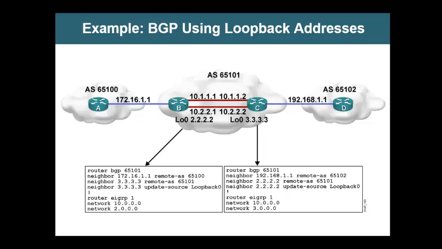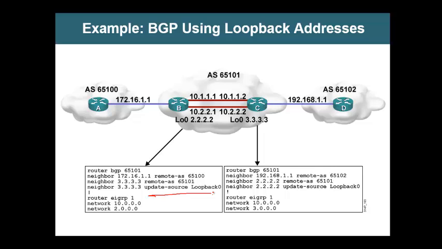Thank you. So, in order to match with the neighbor statement, I have to source it from the interface which has the IP address that is mentioned in the neighbor table. That is the reason why I use the update-source command.